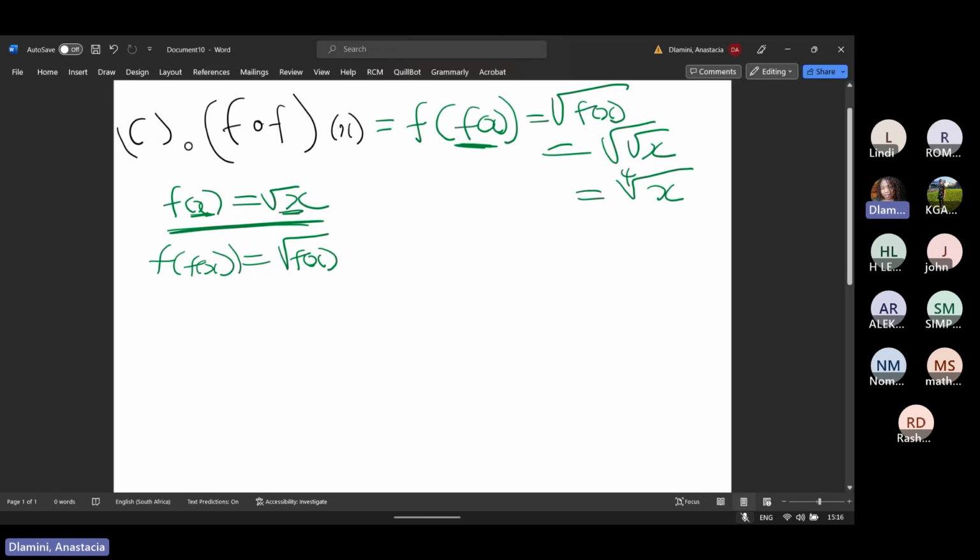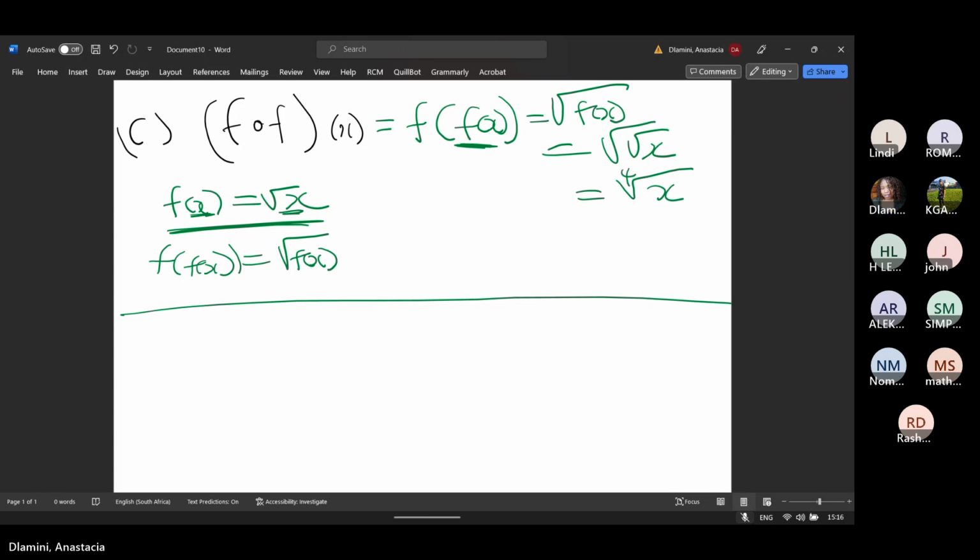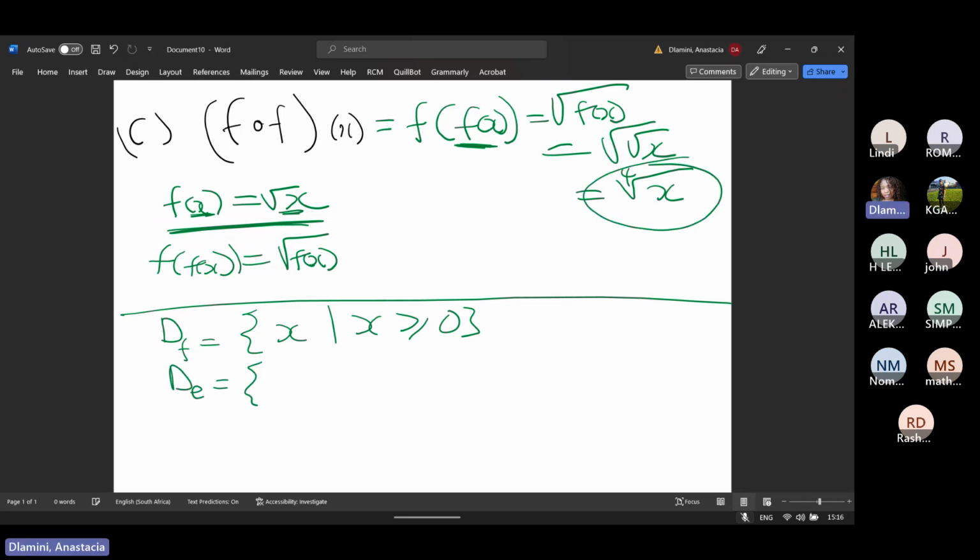But let's do it according to what's the first domain I have to find? Inside function, which is F of X. The domain of F of X we have seen is X greater or equal to 0, right? And what other domain I have to find? The domain of the expression of the composite function, which is this one.